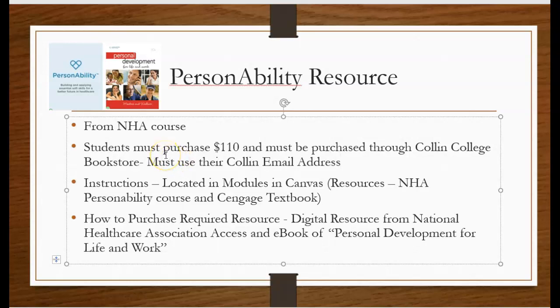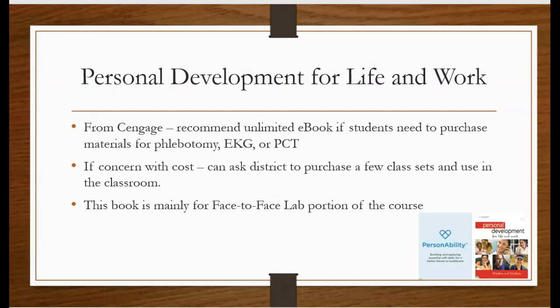So that is really important to communicate with students. Instructions are located in the modules in the Canvas shell, and I will show you that. There is a module that says how to purchase required resources. So there are some specific directions located in the shell for you and for students.